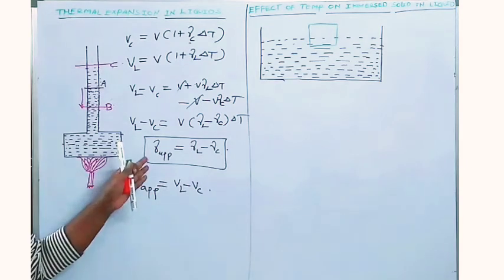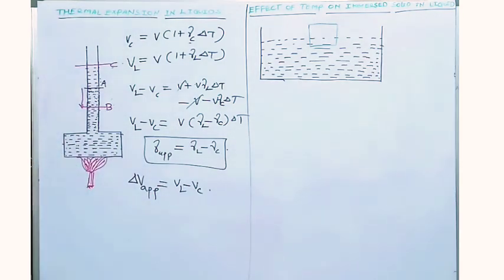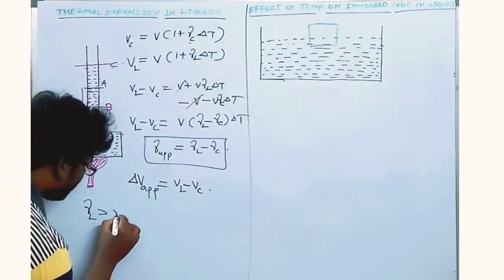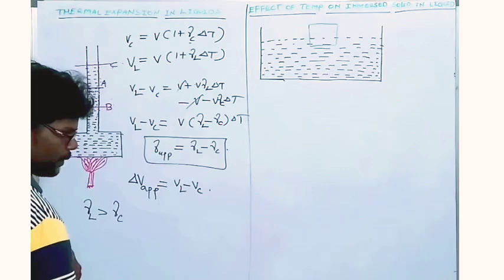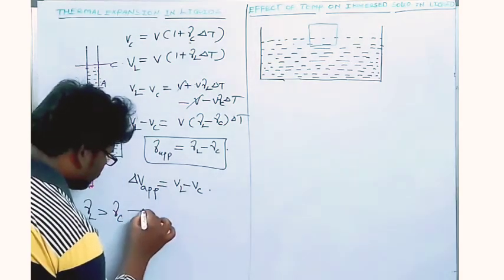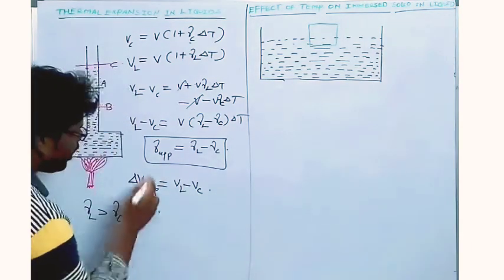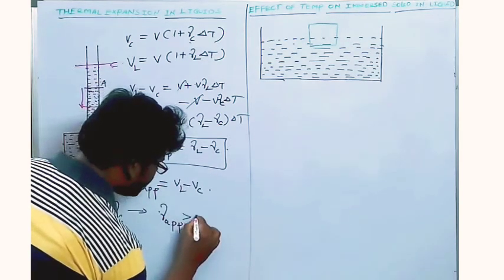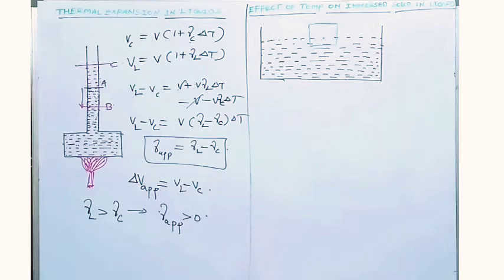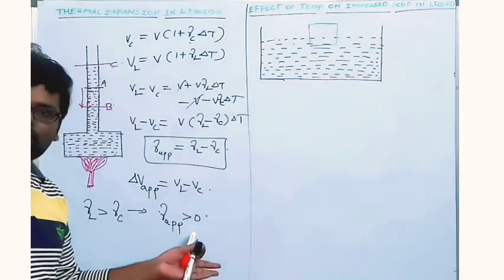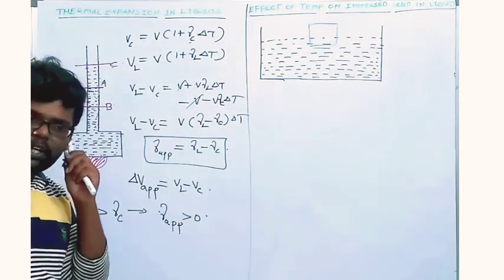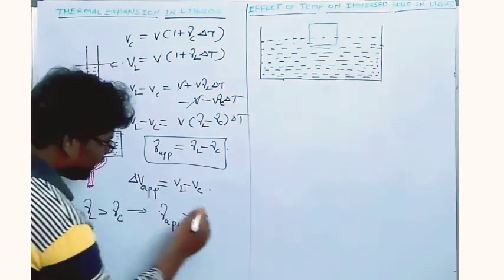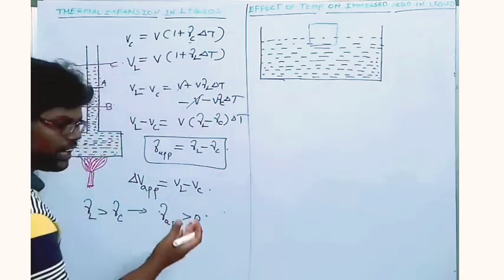Based on this situation we can say that when gamma L is greater than gamma C, the apparent value is greater than 0, that is a positive value, so the level of the liquid will rise.